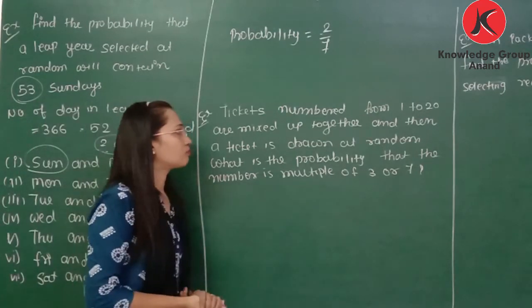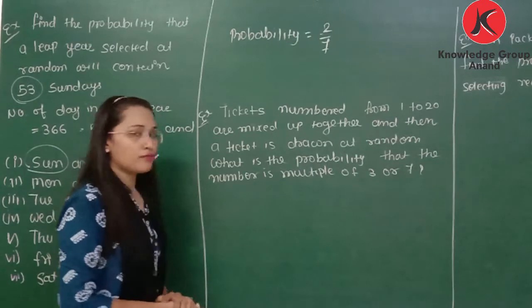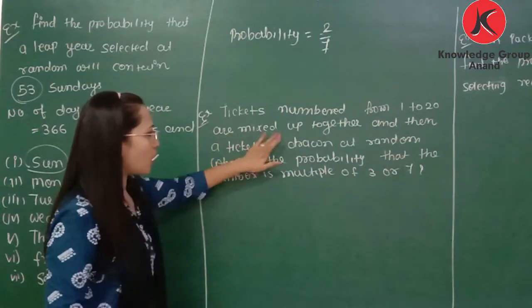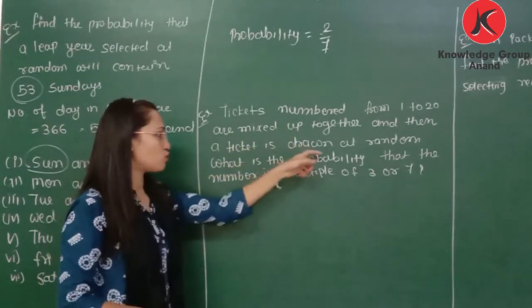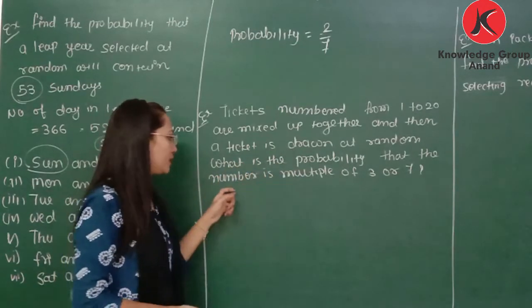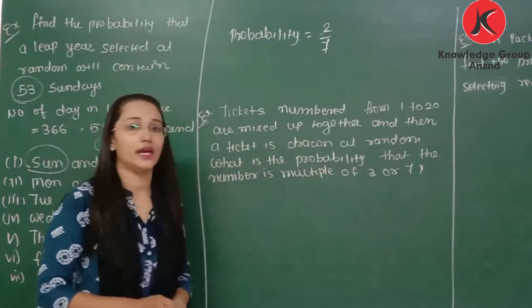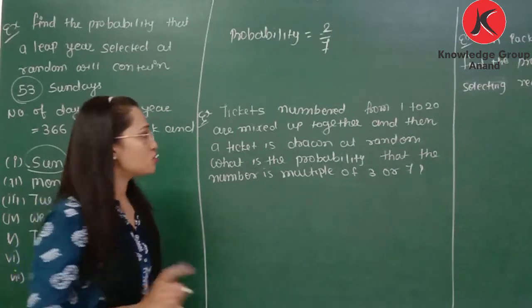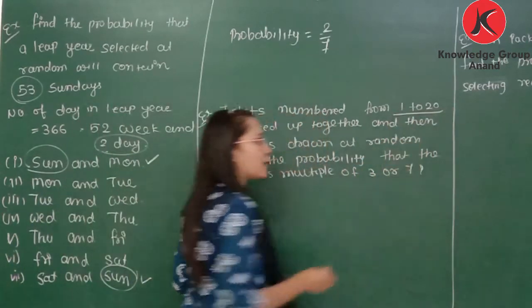Now next. Tickets numbered from 1 to 20 are mixed up together and then a ticket is drawn at random. What is the probability that the number is a multiple of 3 or 7? So now the numbers are from 1 to 20.